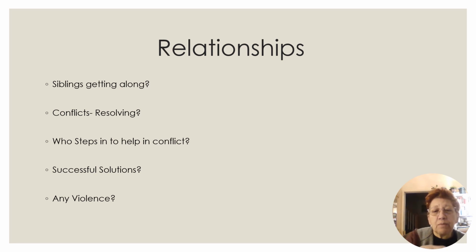You always want to see what's going on. Siblings can get along or not get along, and what do they do when a conflict happens, what do they do to try to resolve it, and who's helping them? You want to make sure that there's no violence going on, because that can't be tolerated. We can't have the possibility of someone getting seriously injured. So we want to watch for all that. Okay.